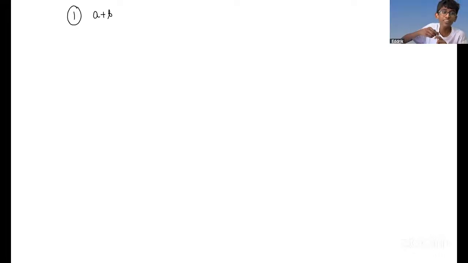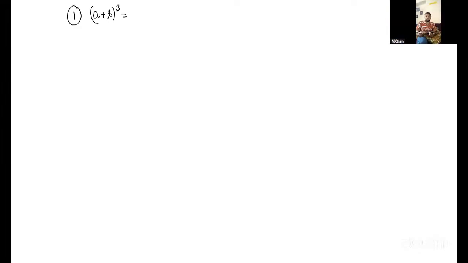Okay. So the first identity that today we're going to learn is a plus b whole cube. Basically, a plus b whole cube means that a plus b will multiply with a plus b will multiply with a plus b.